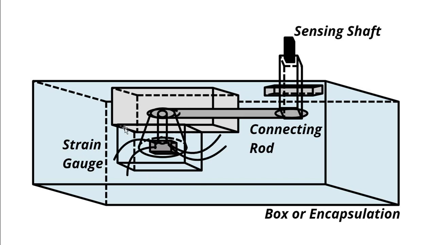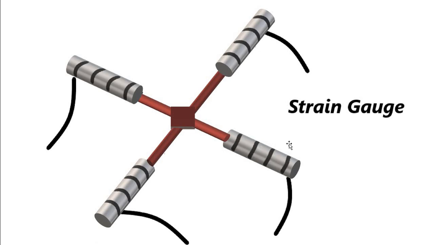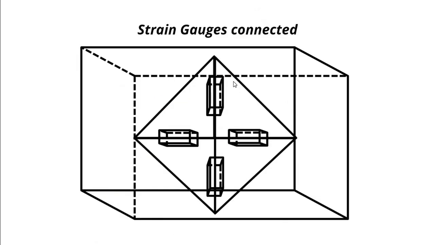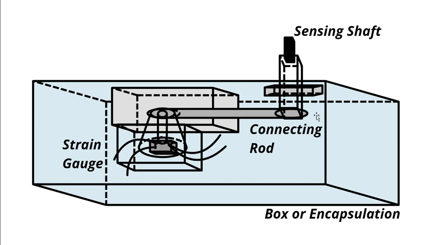So this is the strain gauge arrangement, which basically comes in this form, where we have some kind of base on which the resistive wire is wound, and the extensions are given, and it is arranged in this kind of arrangement where each strain gauge is at an angle of 45 degrees with respect to the other, mutually in that angle. The whole arrangement is placed like this, and each of these wire extensions are connected to the connecting rod via the sensing shaft.